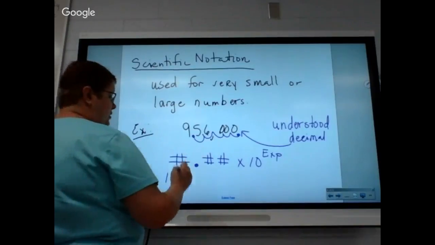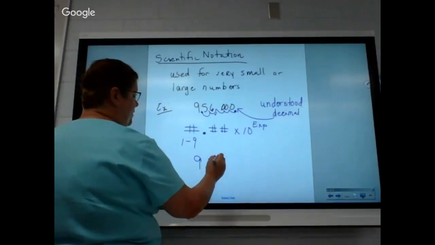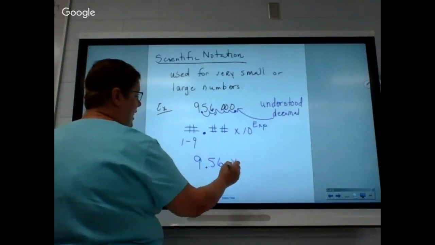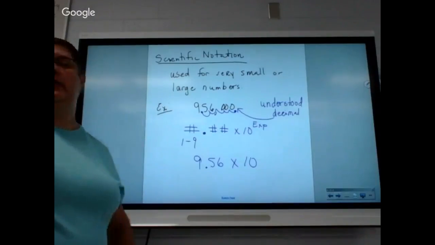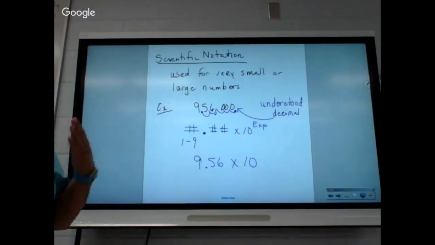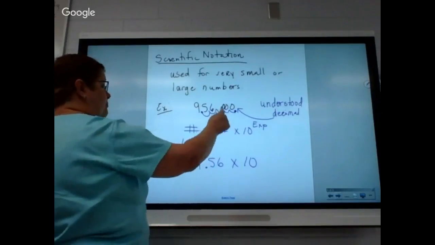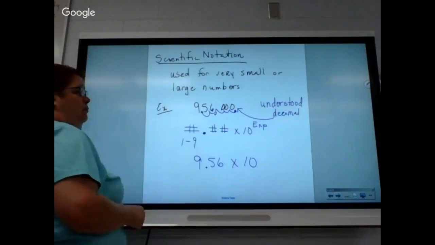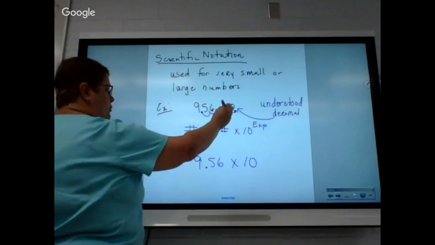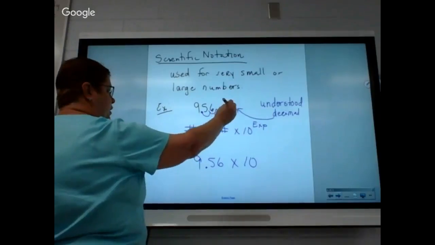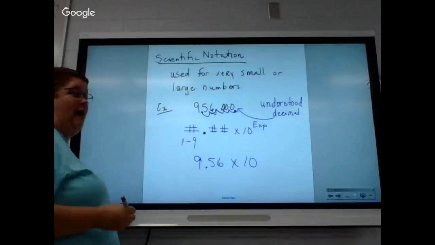So I'm going to change this number to 9.56 times 10. Now, the exponent is the number of places we move the decimal point. How many places did I actually move the decimal? 1, 2, 3, 4, 5. I moved it 5 places.